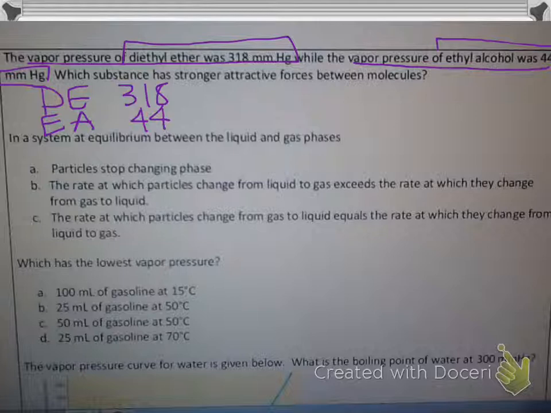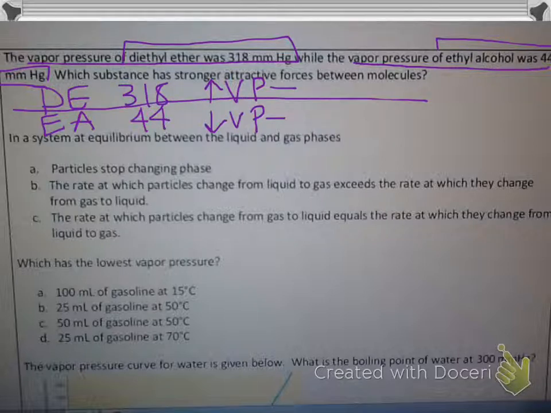Diethyl ether has a higher vapor pressure, and ethyl alcohol has a lower vapor pressure. Let's think about what this means in terms of the intermolecular forces. If you're diethyl ether and you have a higher vapor pressure, that means that you have more particles in the gas phase at that temperature or at higher kinetic energies.